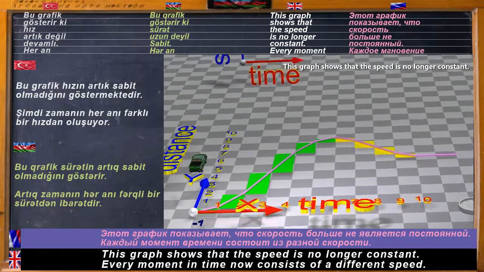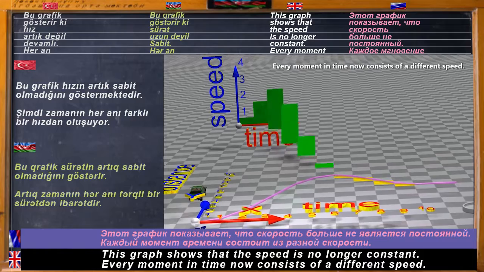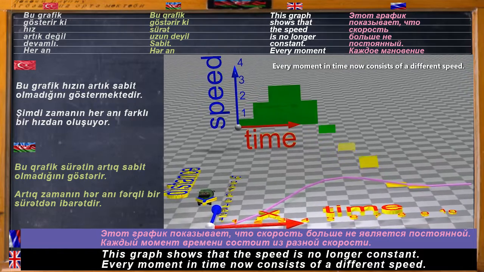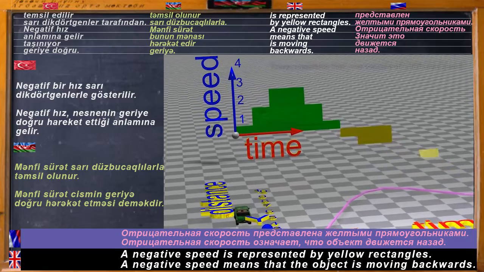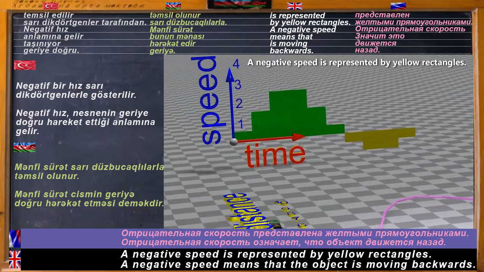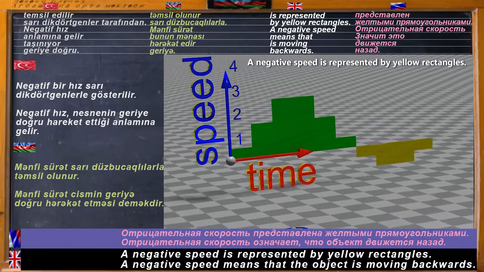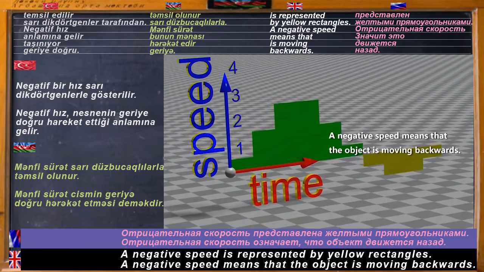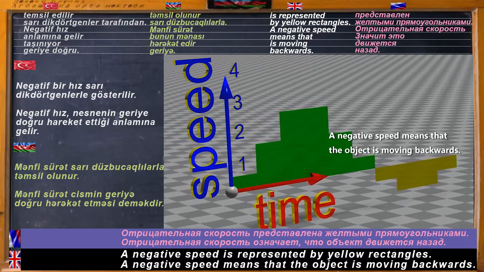This graph shows that the speed is no longer constant. Every moment in time now consists of a different speed. A negative speed is represented by yellow rectangles. A negative speed means that the object is moving backwards.